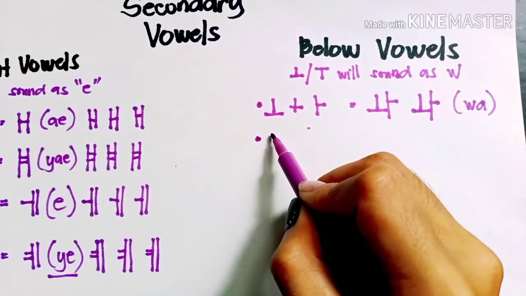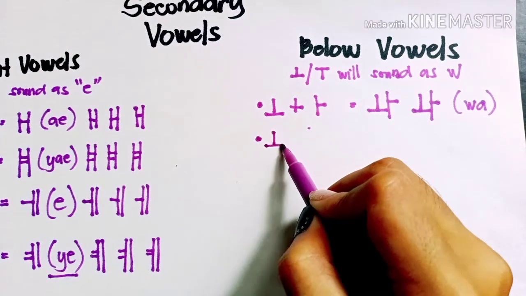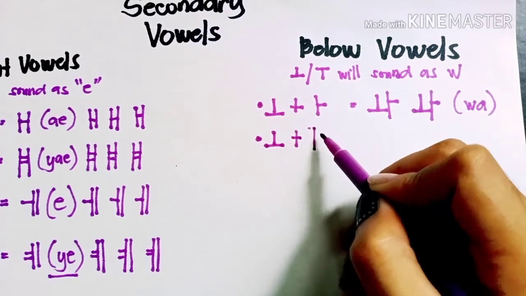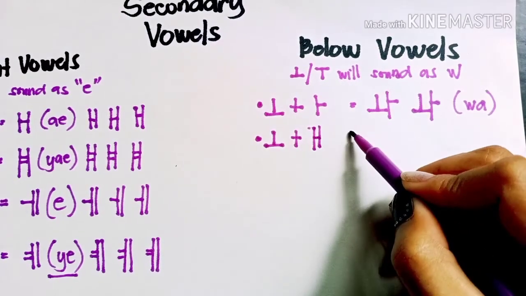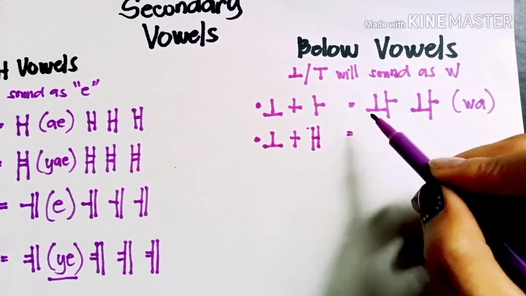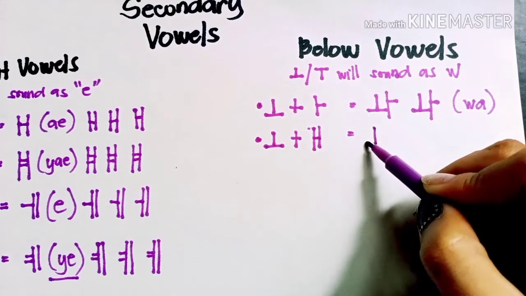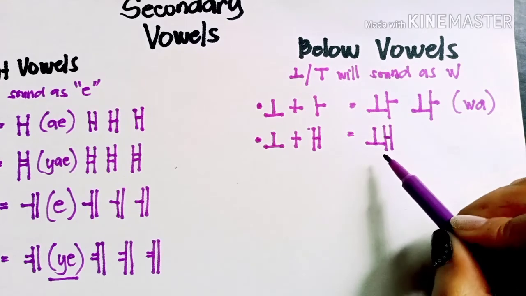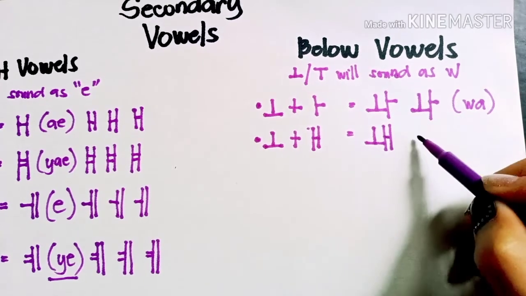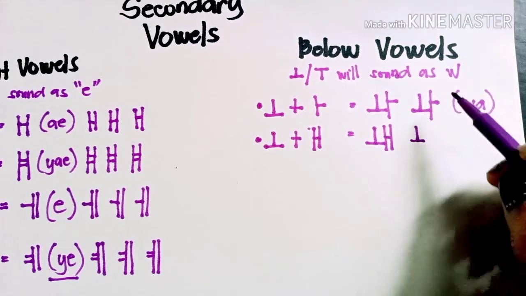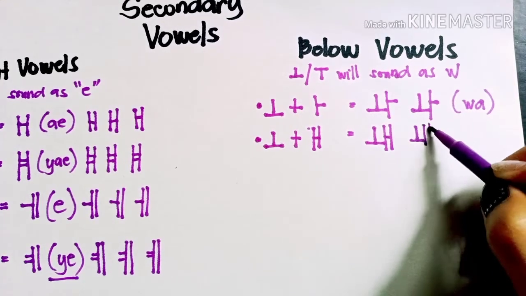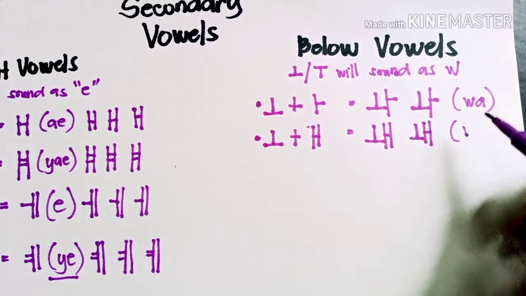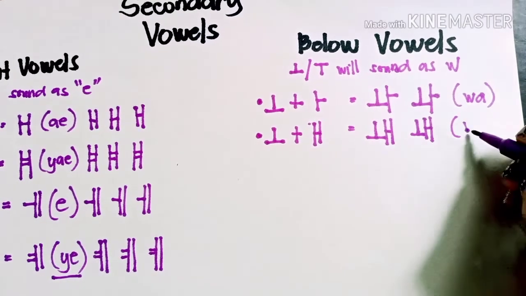The combination of W plus E will become We. Again, W plus E becomes We.